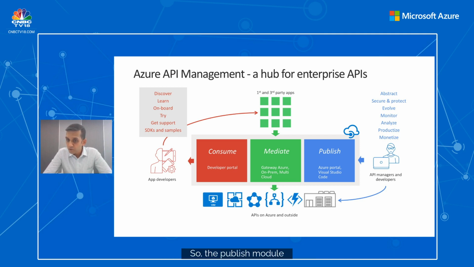So the publish module within Azure API Management provides the capability to the API provider to be able to define their APIs. Now, once the API is defined, it's published and it's made available in this green layer, which is the API gateway layer.